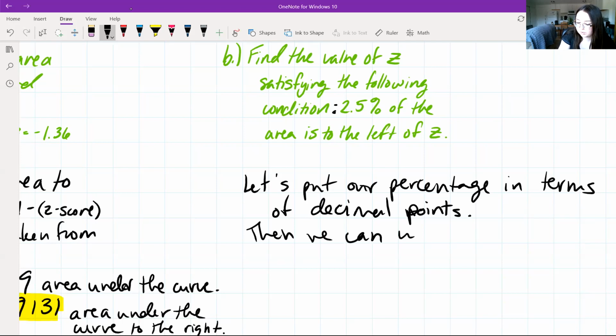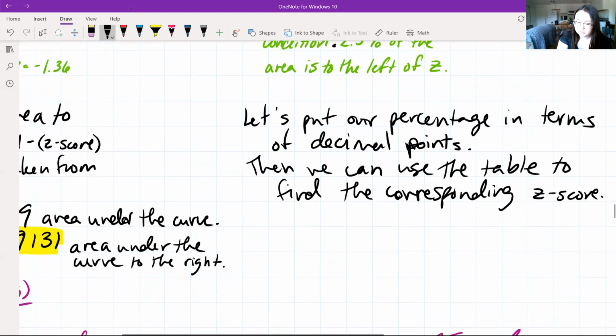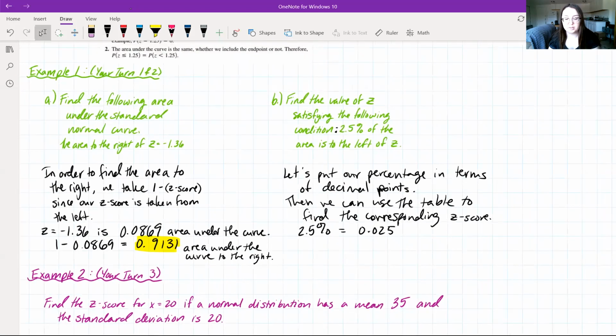Then we can use the table to find the corresponding z-score. We know that 2.5% is the same thing as saying 0.025. So we're looking for 0.025.